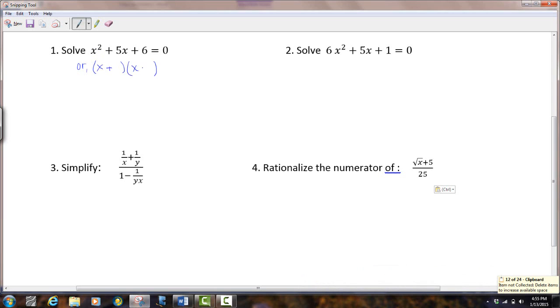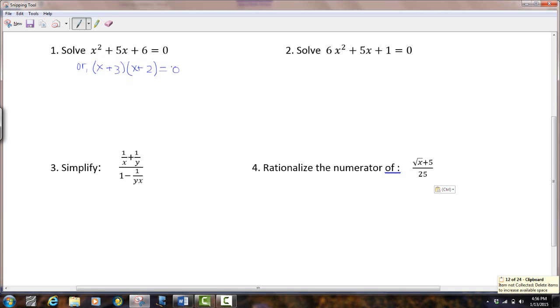I need to find the two numbers so that when I multiply them I get 6, and when I add them I get 5, and those numbers are 3 and 2. So these are the factors of the left hand side.